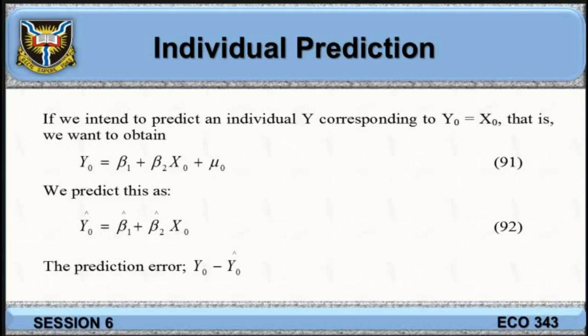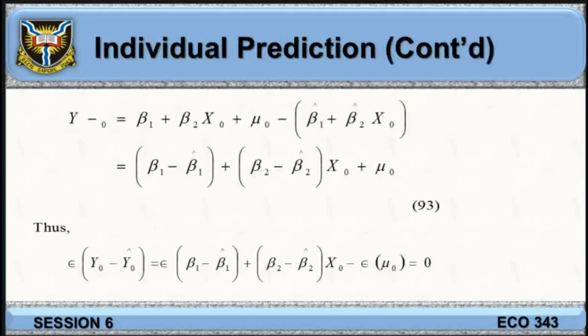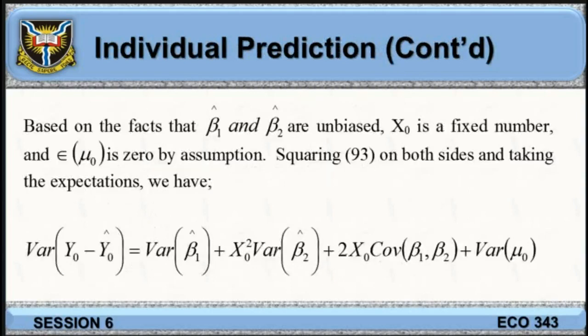The prediction error, Y naught minus Y naught estimator, is as written. Thus, the equation below, based on the fact that beta 1 estimator and beta 2 estimator are unbiased, X naught is a fixed number, and E[mu naught] is 0 by assumption.